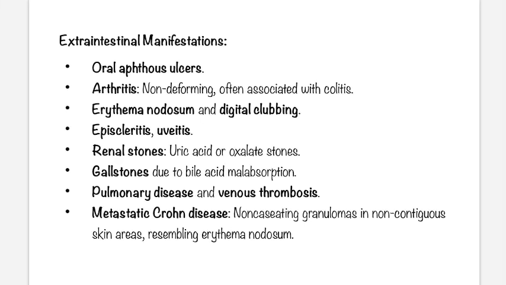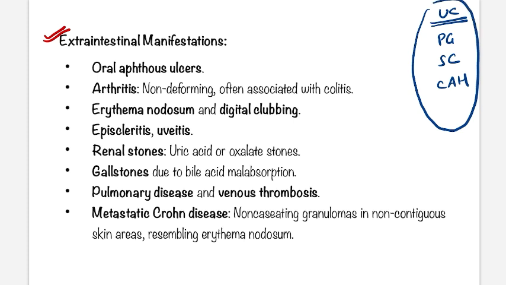Again, an important thing: what are the extra-intestinal manifestations of Crohn's disease? Just remember, for comparison, for UC, like postgraduate went to Supreme Court for case. So this is for ulcerative colitis: pyoderma gangrenosum, sclerosing cholangitis, chronic active hepatitis, and one more thing, more common in ulcerative colitis.